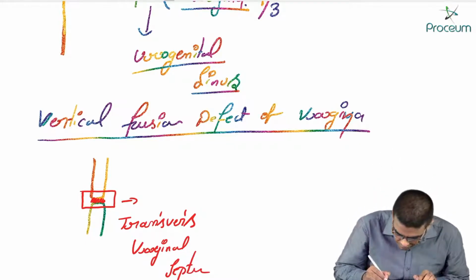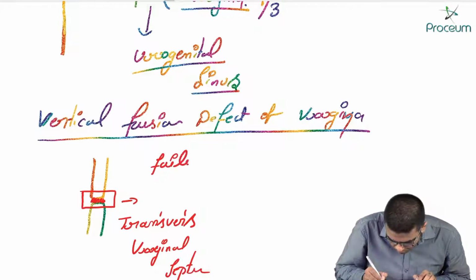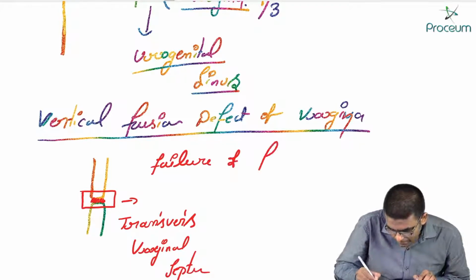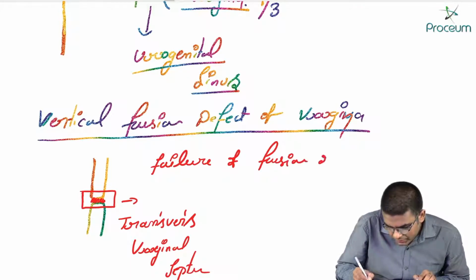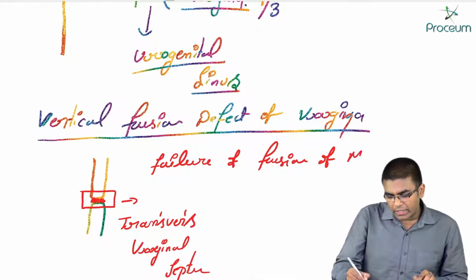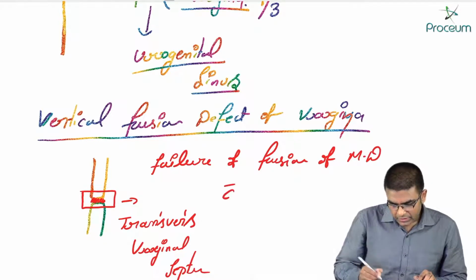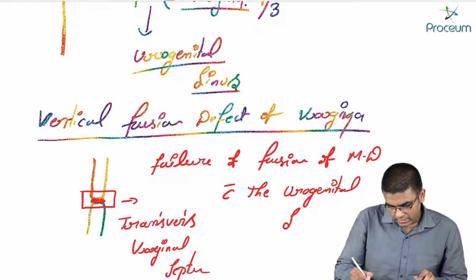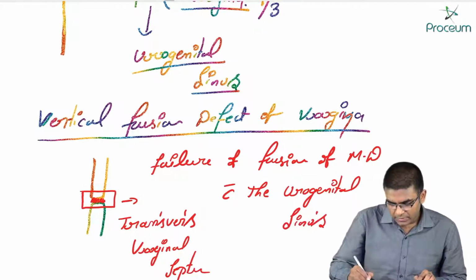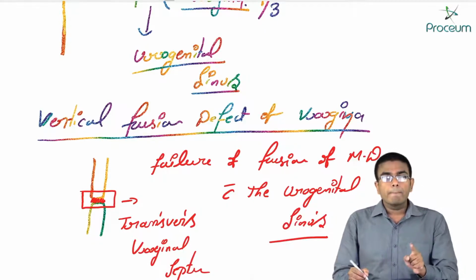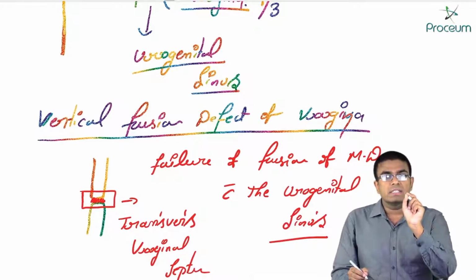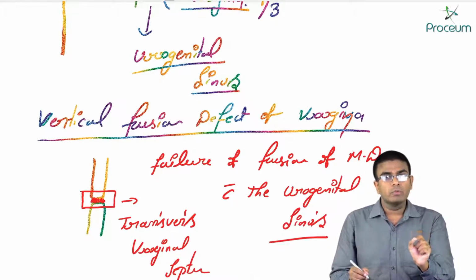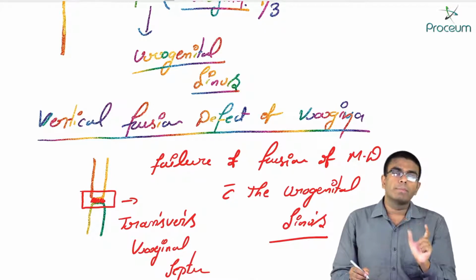So what is the vertical fusion defect of vagina? Vertical fusion defect of vagina is failure of fusion of Mullerian ducts with the urogenital sinus. Okay, please keep this point in mind. So finally, what is the single important MCQ you have to remember?